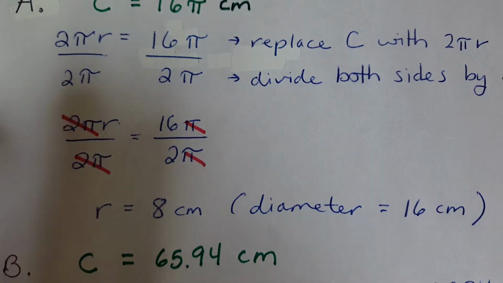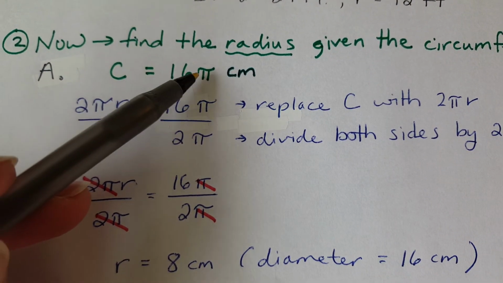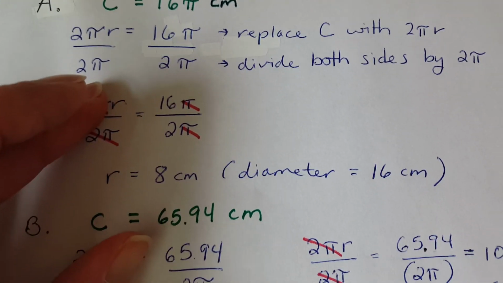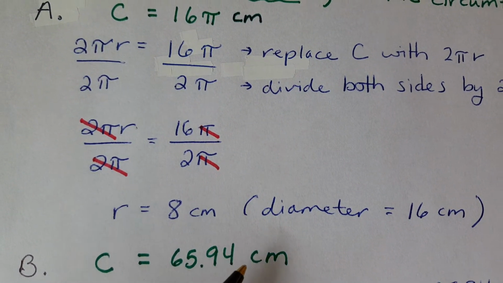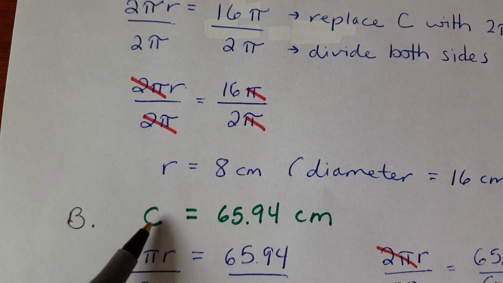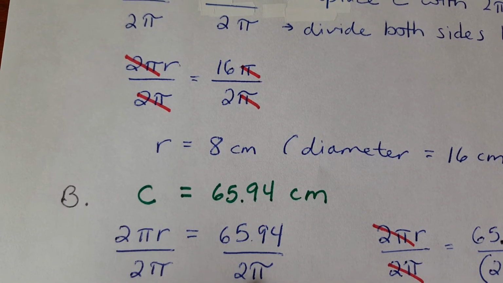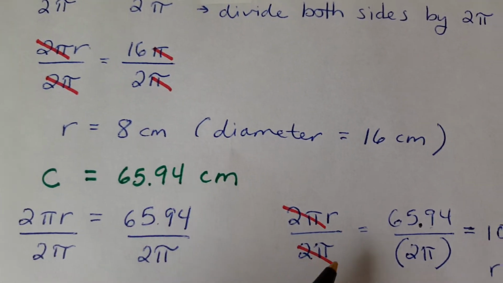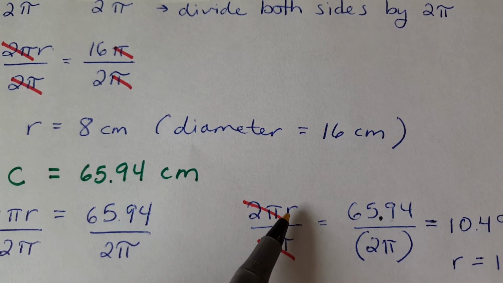Let's try another one where we're given a decimal approximation instead of an exact value with pi. Circumference equals 65.94 centimeters. So I still replace c with 2 pi r, and I still divide both sides by 2 pi. Over here, on the left side, 2 pi divided by 2 pi is still 1, so it's gone.